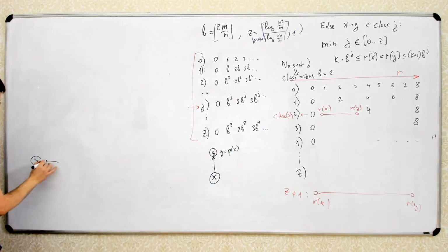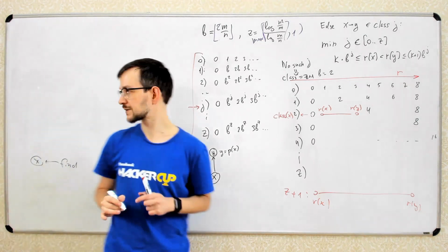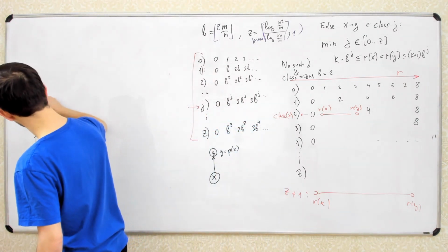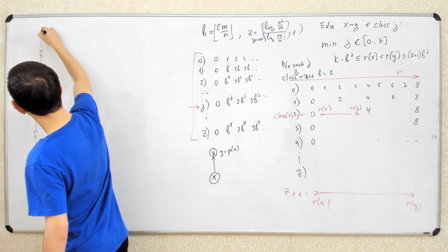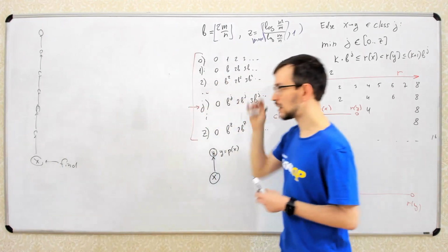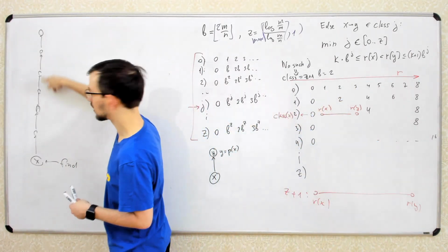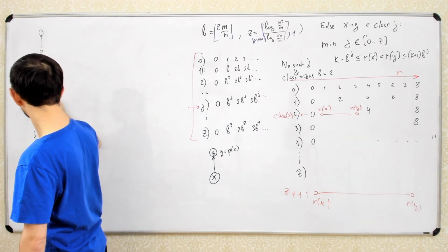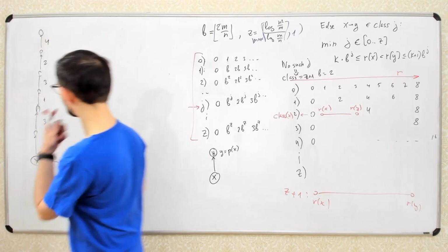Here's X. We call the find operation from this X. So we follow this path to some current root. Let's look at the classes of these edges. All these edges have some classes. Let's say class 2, 3, 1, 3, 2, 4.